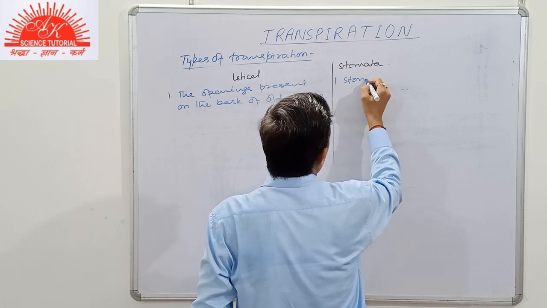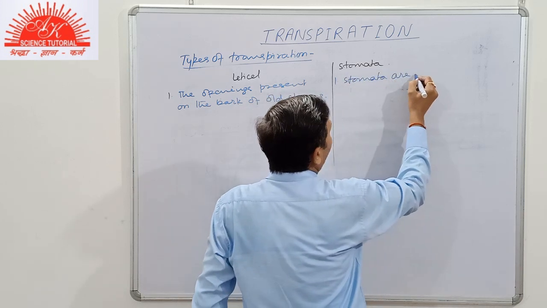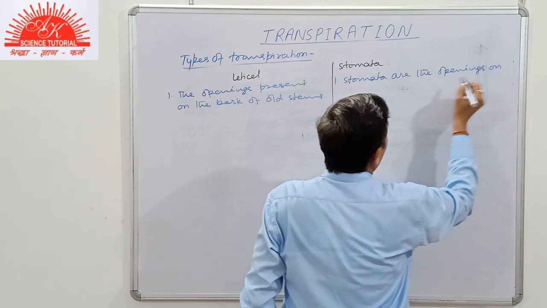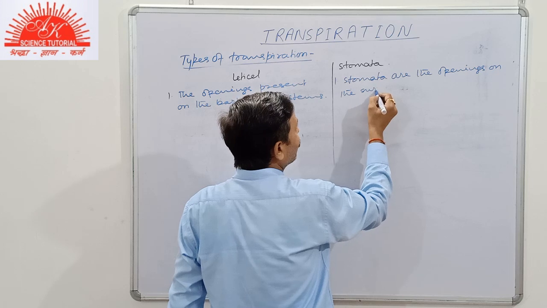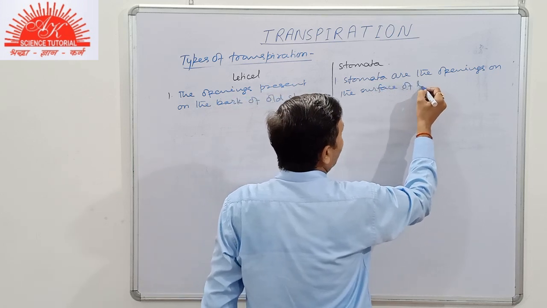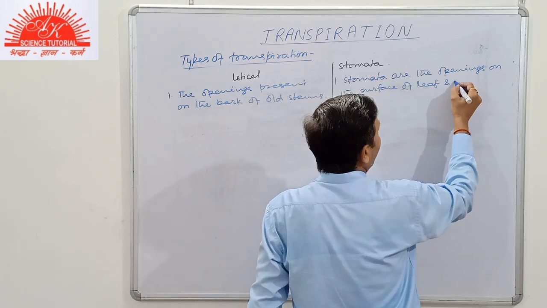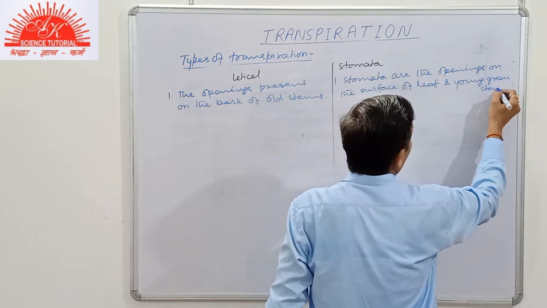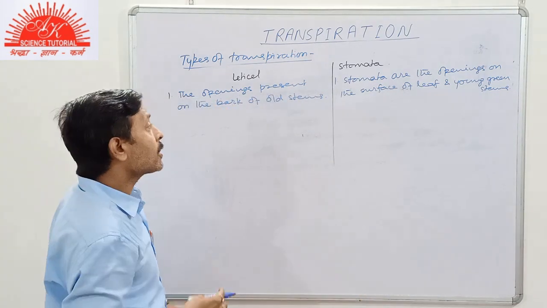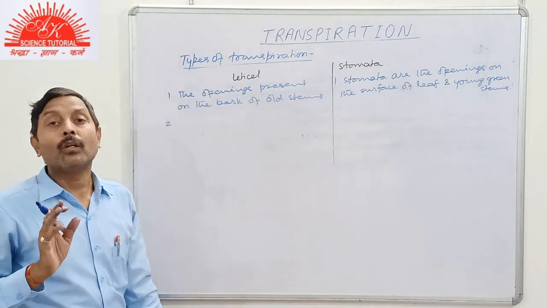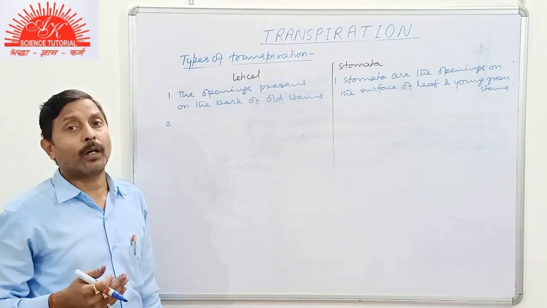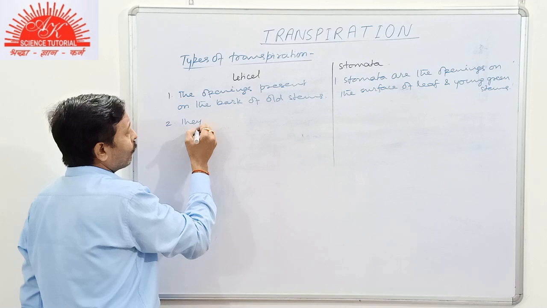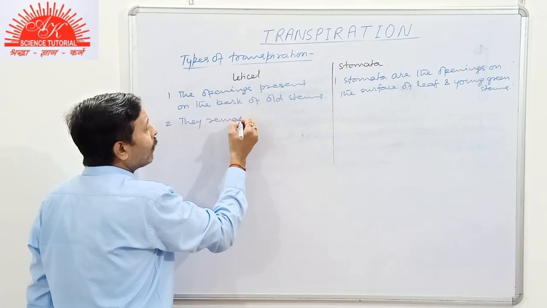So stomata are the openings on the surface of leaf and young green stems. This is the first difference, related to location. Now the second point is related to opening. Lenticels remain open all the time.